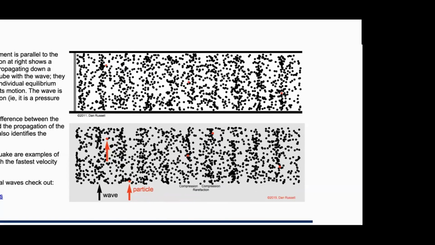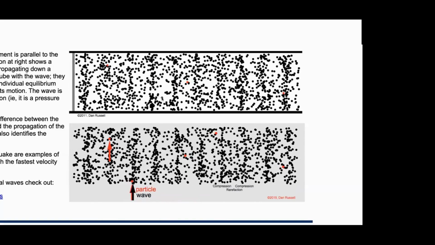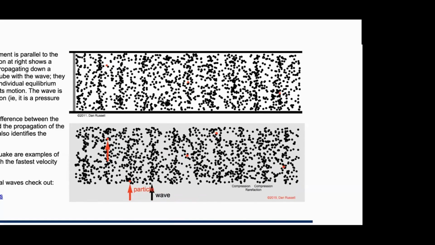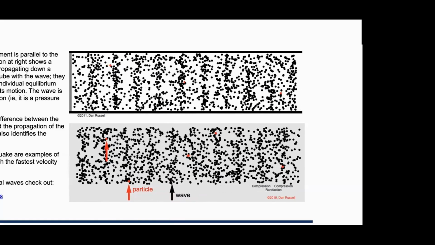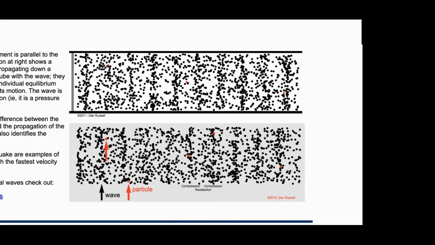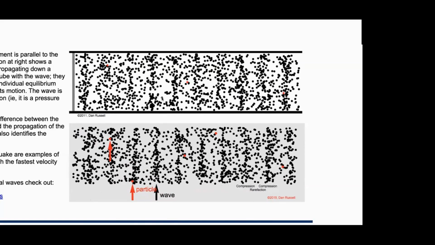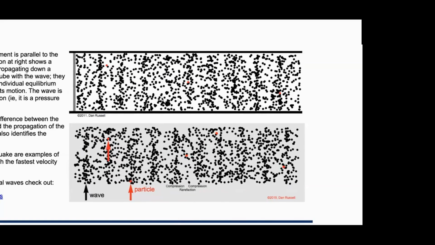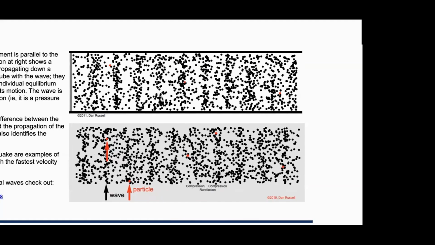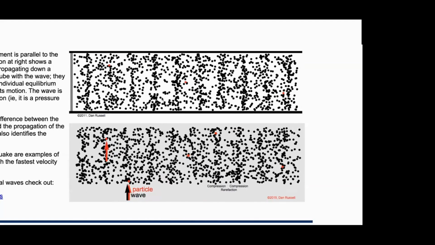Can you tell me in your own words what you are seeing right now? The wave is traveling, and the particle is just vibrating as the wave is going from one place to another, left to right.